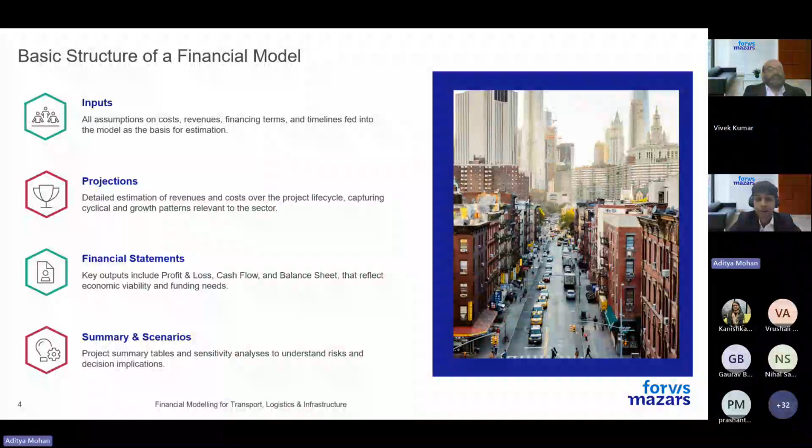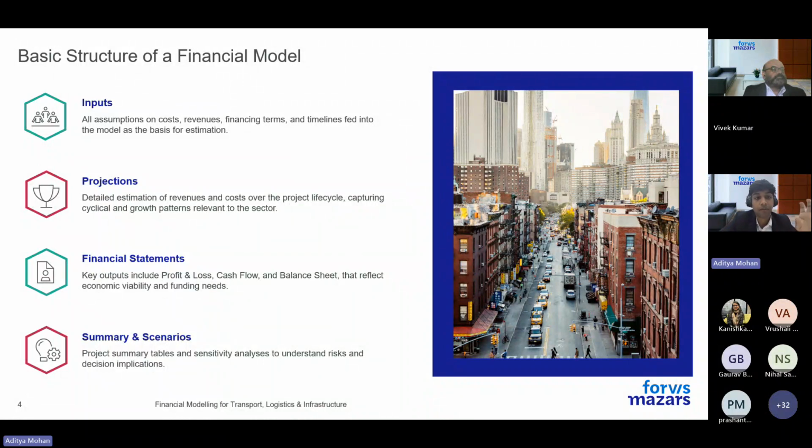For a logistics park, you can consider projections to be linked to the phase leasing, and you can assume 30% occupancy in, let's say, year one, 60% in year two, and up to 90% in year four, with lease escalations every 3 years.